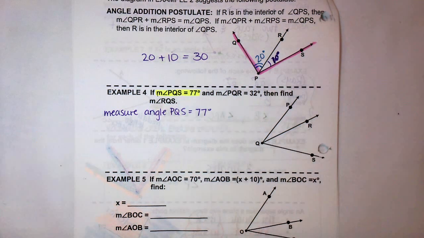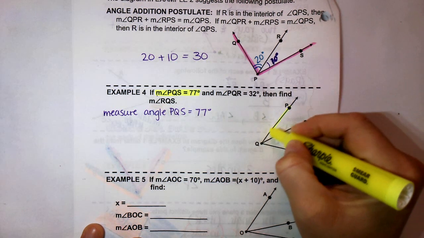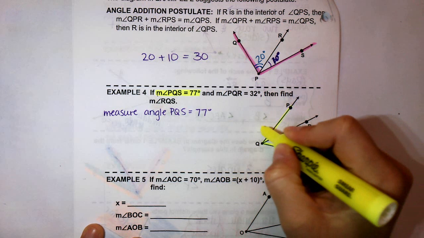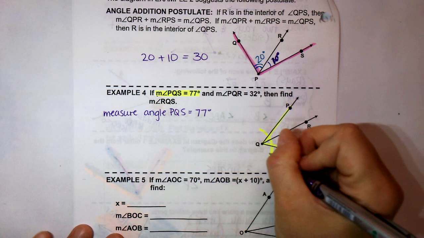That's how you read that. So to find it, you trace the letters from P to Q to S. That's the whole outside. The whole angle, the big one, is 77.